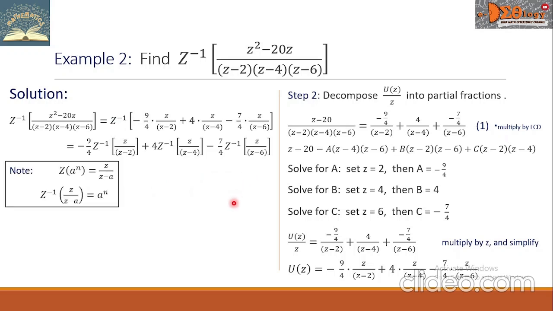Now, we're going to use our formula to simplify the z inverse transform. And the final answer is negative 9 over 4 times the quantity 2 raised to n, plus the constant 4 times the quantity 4 raised to n, minus 7 over 4 times the quantity 6 raised to n.